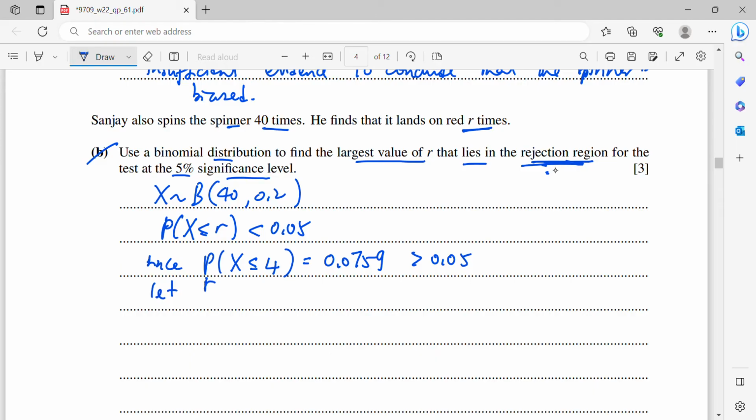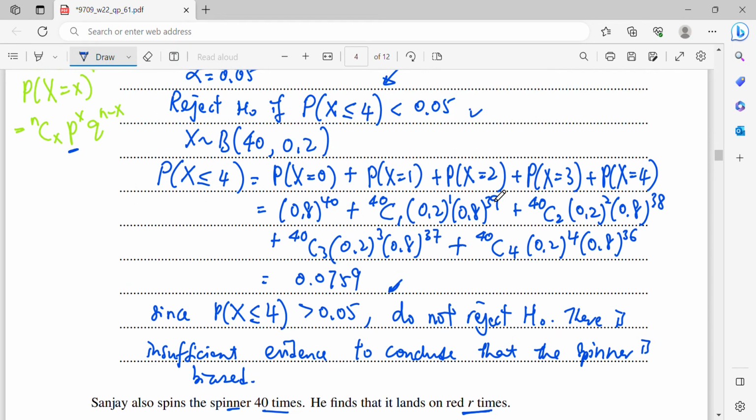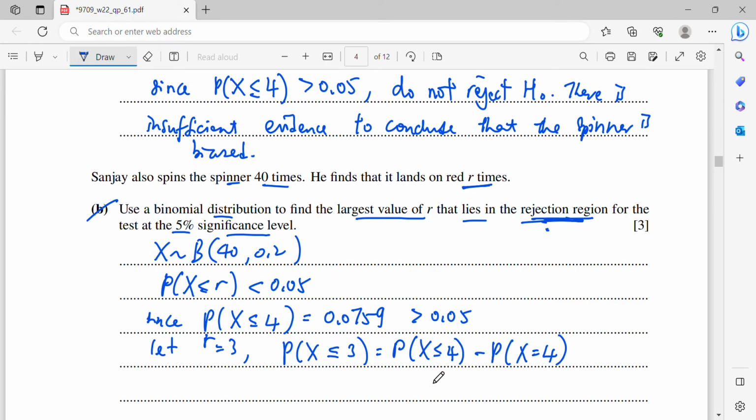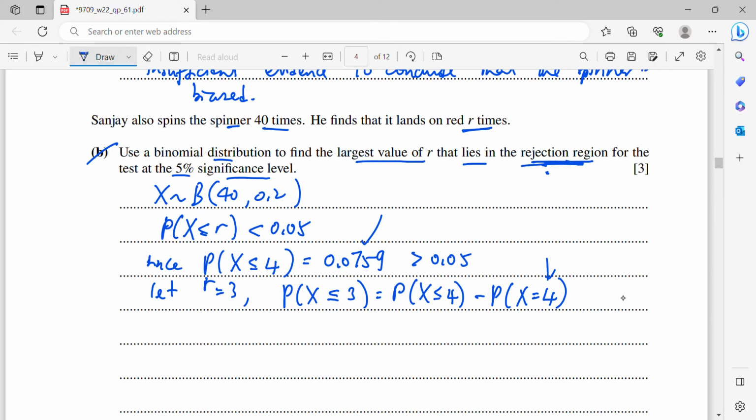Now P(X ≤ 3) will be the same as P(X ≤ 4) minus P(X = 4). So you do not need to count from 0 until 3. You can just use the value for less than or equal to 4 because we have found this, then you just minus when it is equal to 4. It will be shorter working.